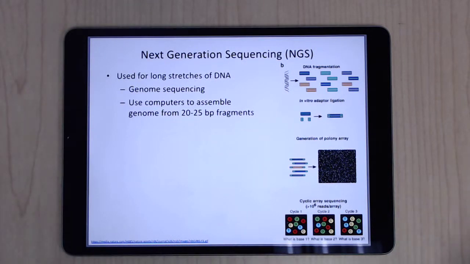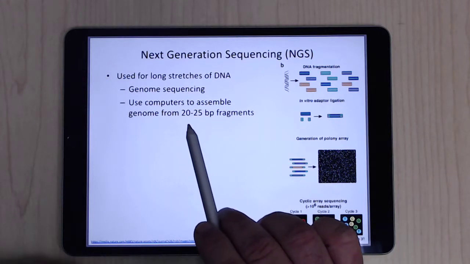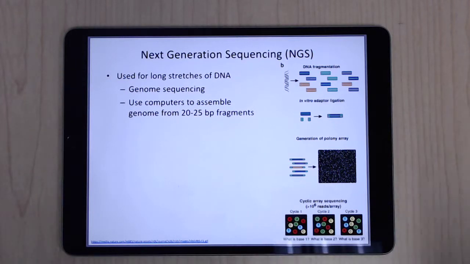There is also what's called next generation sequencing. I'm not as familiar with the techniques. There are several ways that you can do it, but in general, you assemble a large number of sort of 20 to 25 base pair fragments of the DNA.